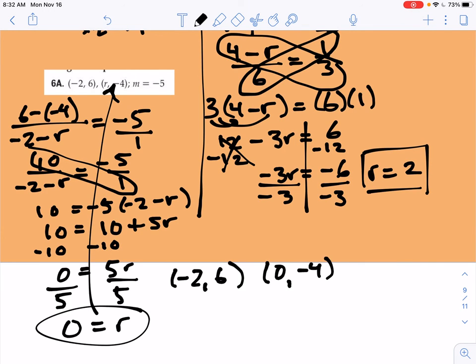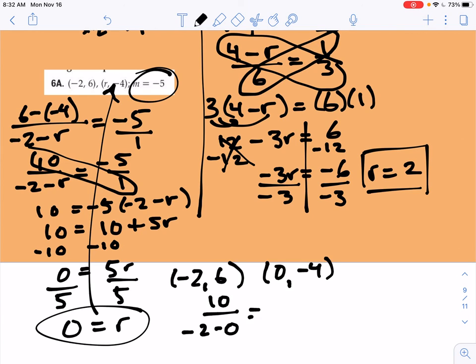And let's just recheck that. So my y is 6 minus the negative 4, which is 10. And then we have negative 2 minus 0. All right, and here we go, because I made a mistake somewhere. Oh wait, no, we said that that equals negative 5.